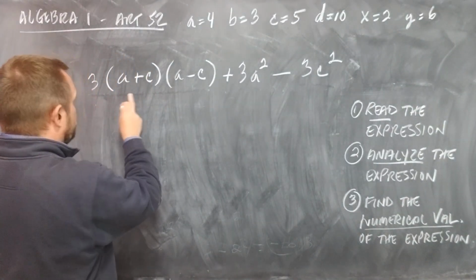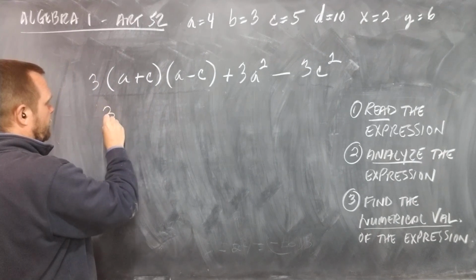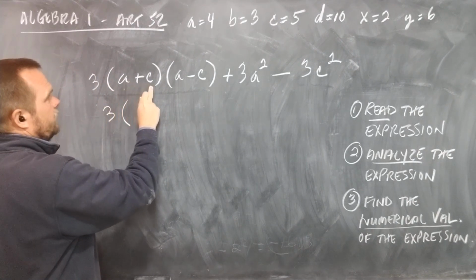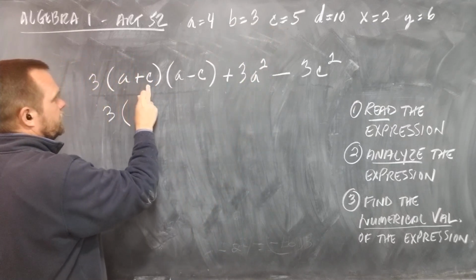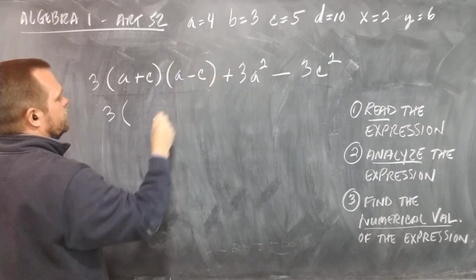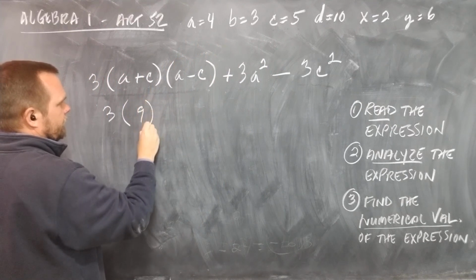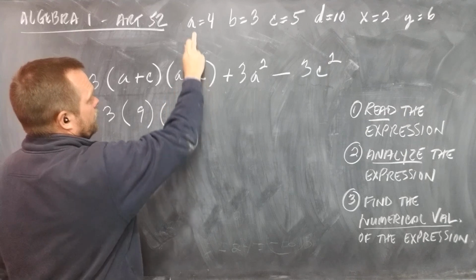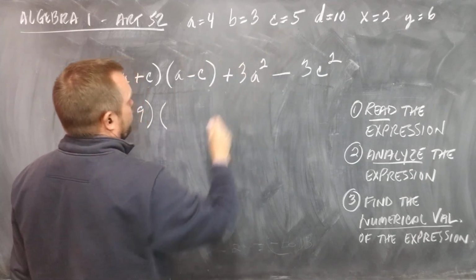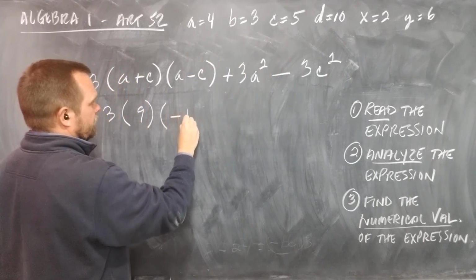3 times a plus c. A plus c is equal to 4 plus 5, which makes 9. Times a minus c. 4 minus 5, which makes negative 1.